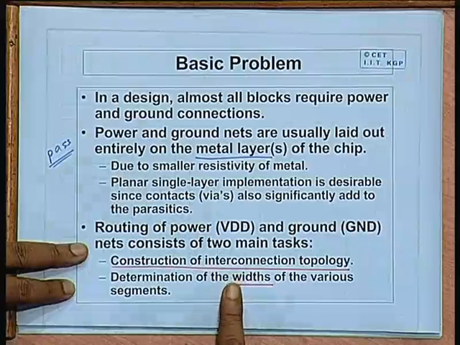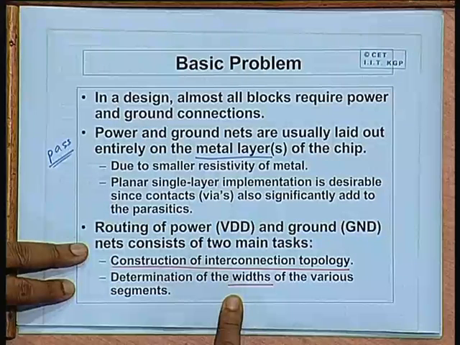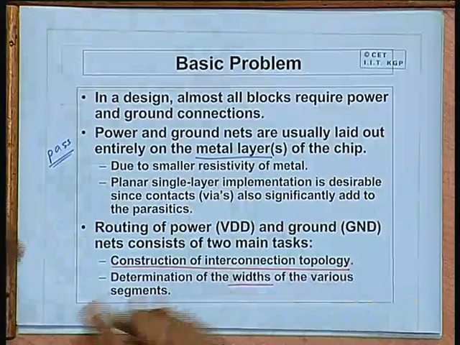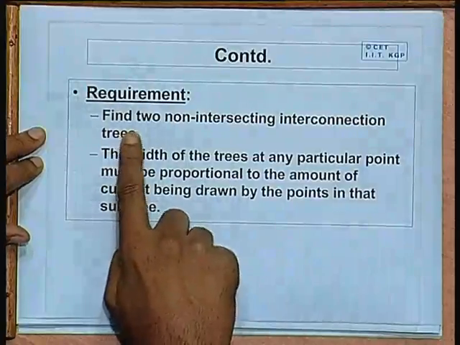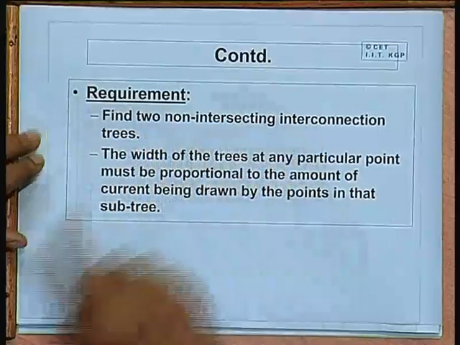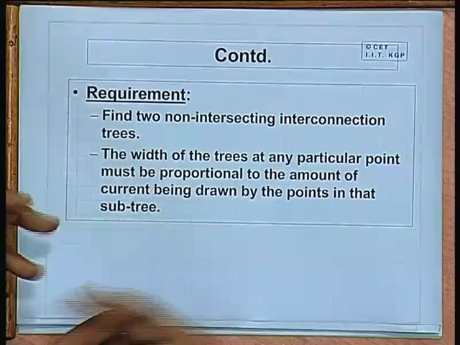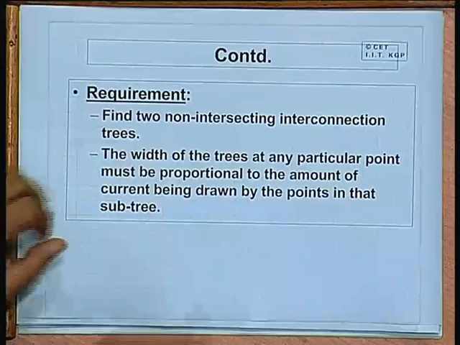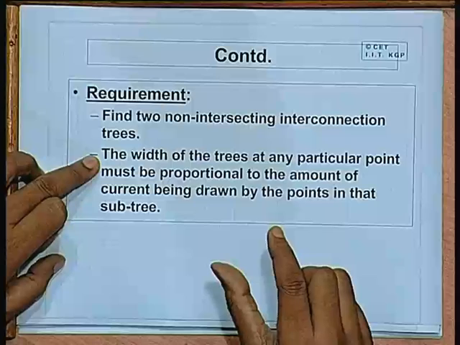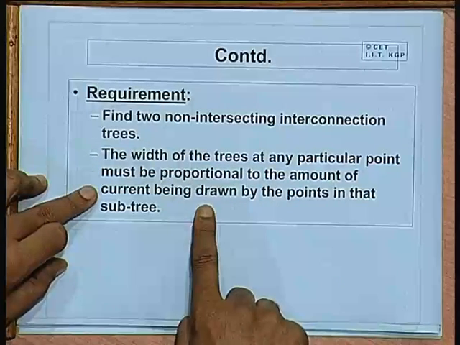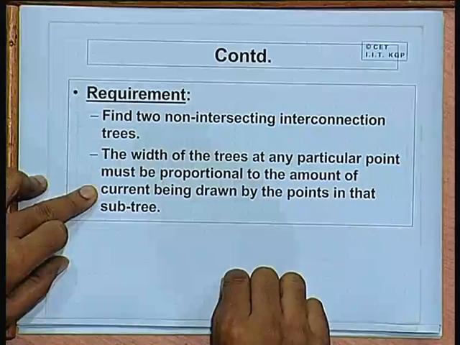So, the power and ground nets are ones where the widths of the different net segments may vary depending on the total current carrying capacity. Now, for VDD and ground, obviously the requirement is that we will require two non-intersecting interconnecting trees. The widths of the trees will be variable depending on the total current carrying capacity at that point of the tree.